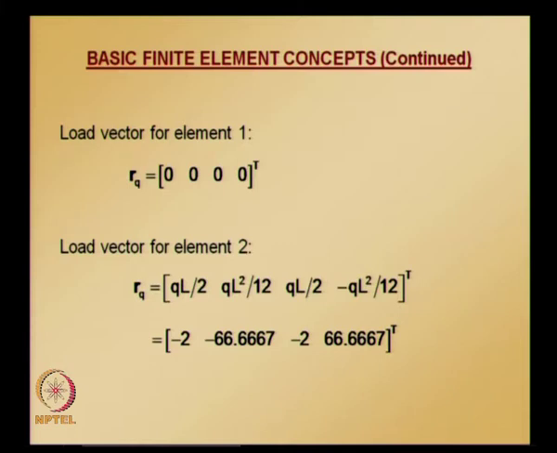Element 1 contribution goes into the 1, 2, 3, 4 locations of the global force vector, and element 2 contribution goes into the 3, 4, 5, 6 locations of the global force vector. So, we get the global load vector from these element load vectors.